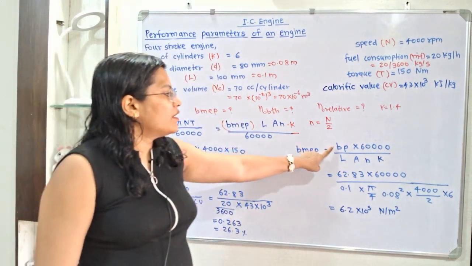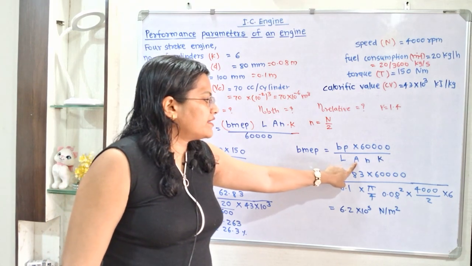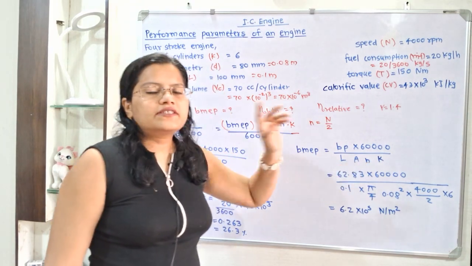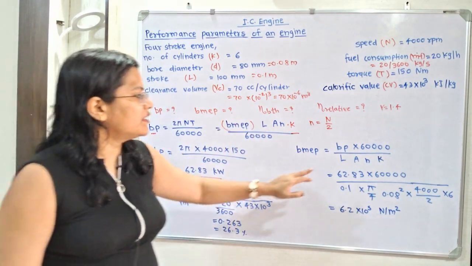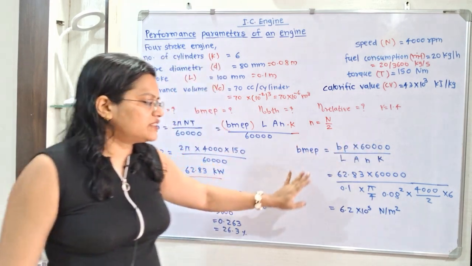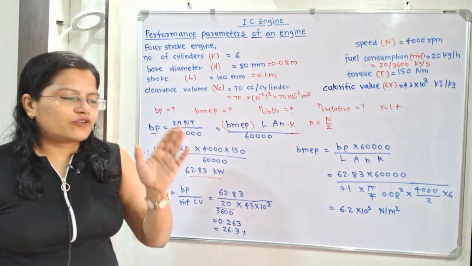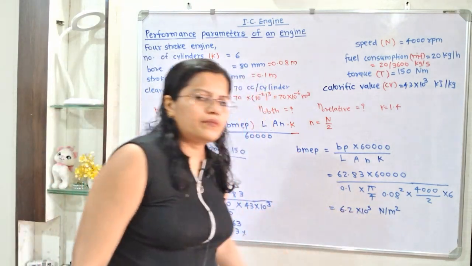So we have to take brake power in kilowatt, L in meter, area in meter square, N in revolution per minute, and here is the number of cylinders. So when we take all these units, we will get the answer, because this is the brake mean effective pressure, in Newton per meter square.